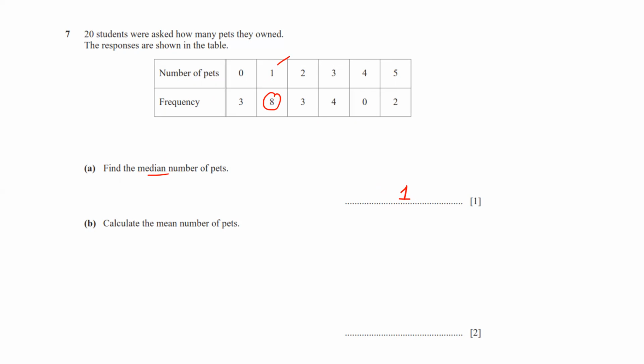Moving ahead, they say calculate the mean number of pets. That is a simple one. How are we going to calculate the mean?